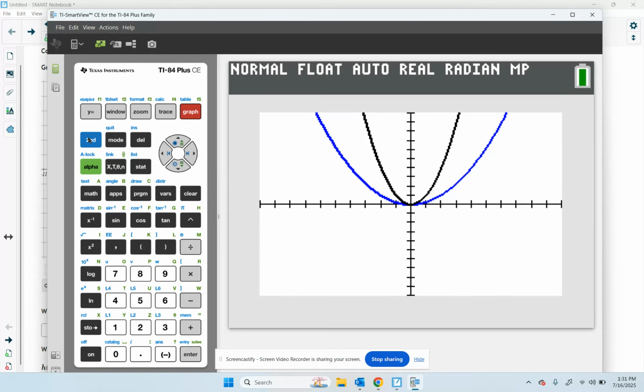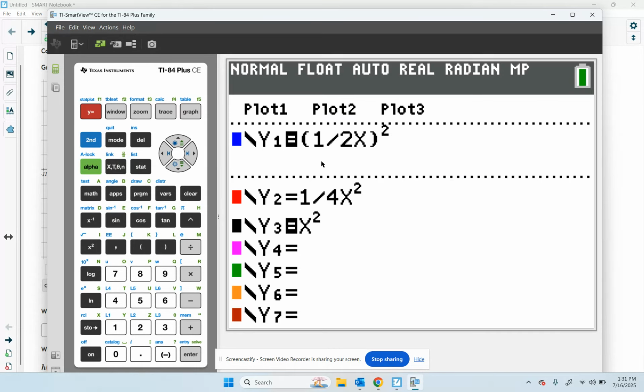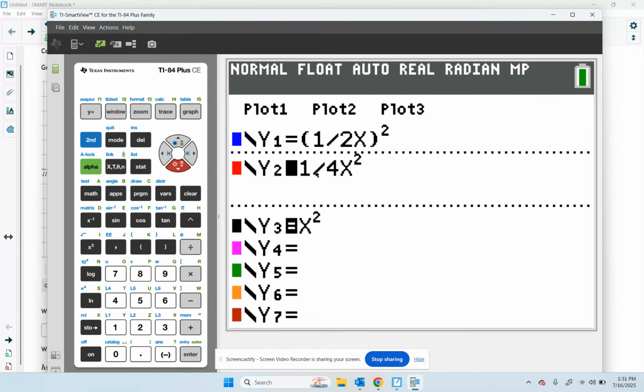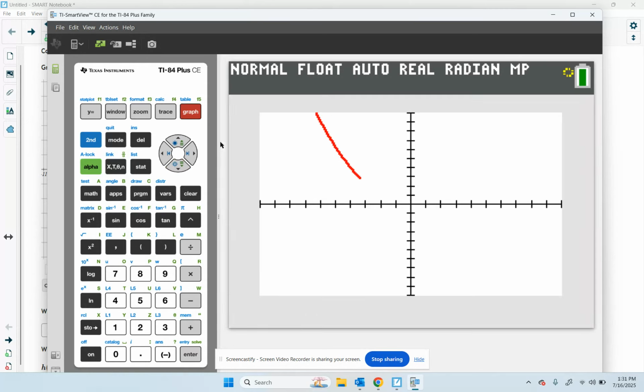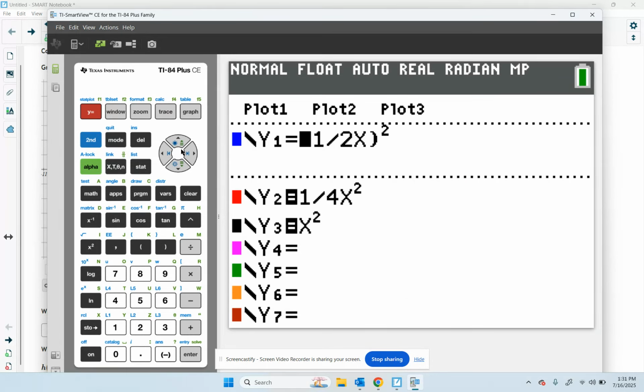Now, the same can be done by doing something to the outside of the function. So I put a 1/4 in front of the function. That's a vertical compression. So if I turn that on, you'll see I get the same thing. Watch, if I graph both, if I turn this blue on, you'll see that it's going to show the same graph, but now the red's going to get covered up with the blue graph. 3, 2, 1.